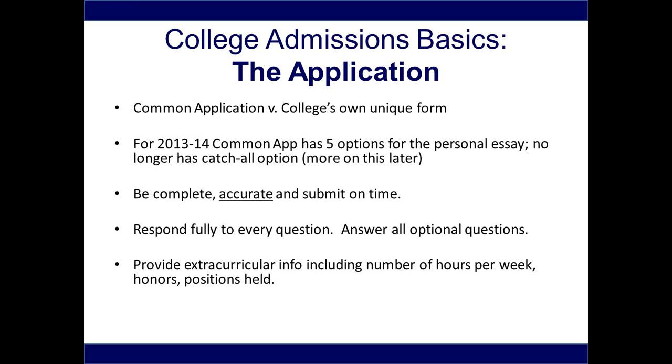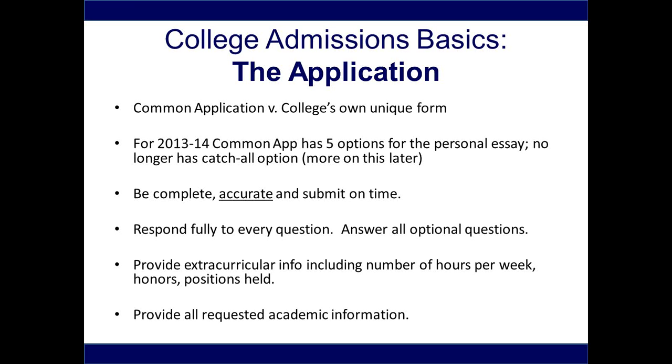And also, don't feel confined by the titles or the headings on the application. Tell the schools what you want them to know about your interests and your accomplishments, and label and title them in the way that makes the most sense for you. Be sure you provide all requested academic information on the application.